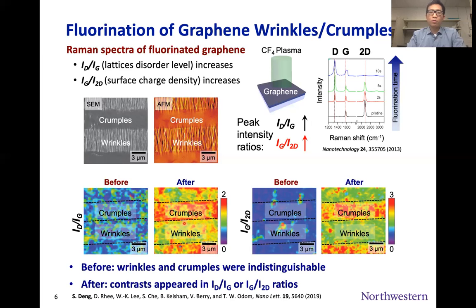This is because the crumple has a higher local curvature than the wrinkle region. By doing this, we demonstrate that by introducing spatially defined local curvatures, we can introduce spatially defined chemical reactivities and surface functionalizations in the graphene, right?